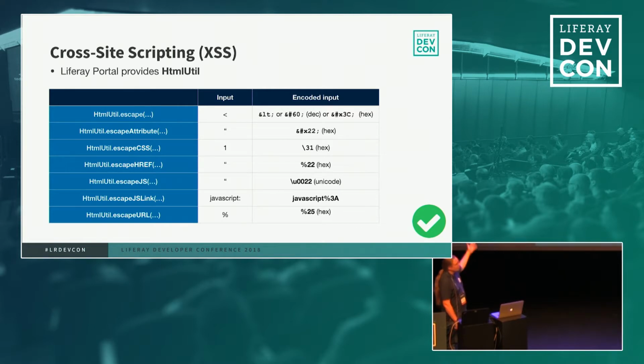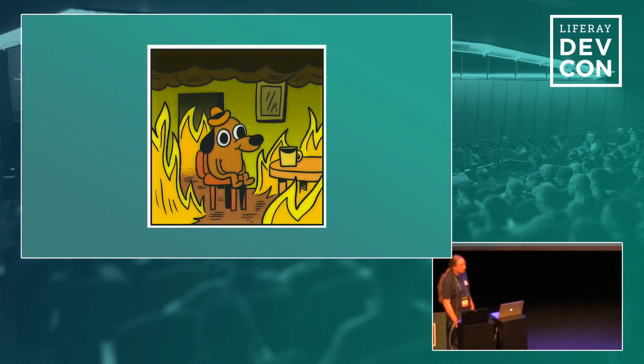And it's got various methods that represent the different contexts. And just to really drill in this point about context, you see the quotation mark there for JavaScript, href, and attributes. It's escaped very, very differently. So don't end up like this guy thinking, this is fine, I've escaped, but everything's on fire around you. You're not noticing it.